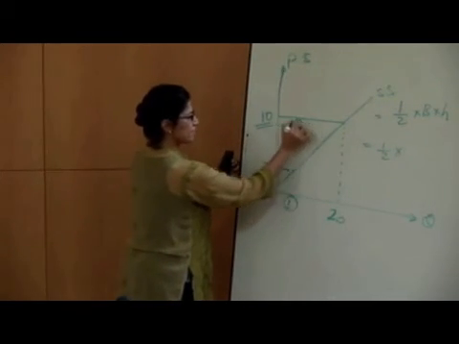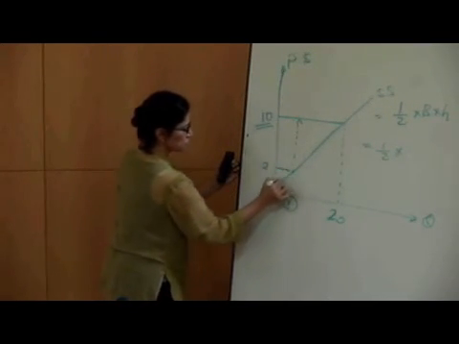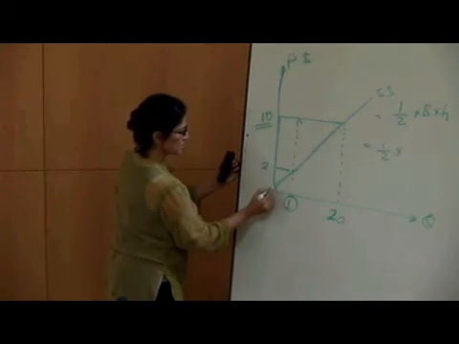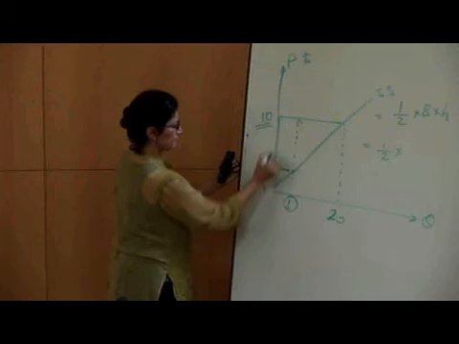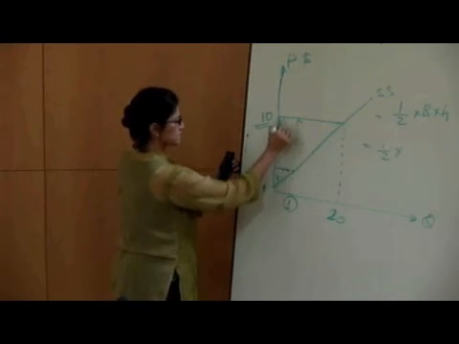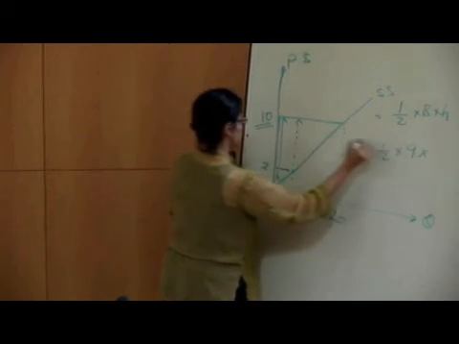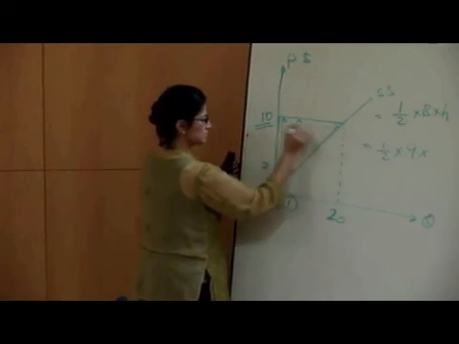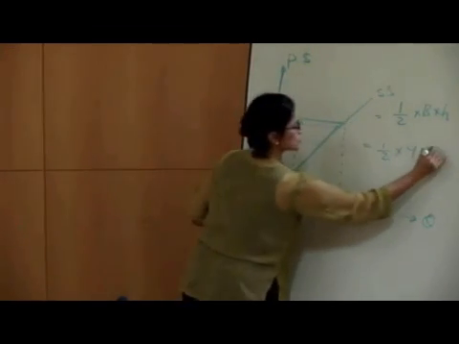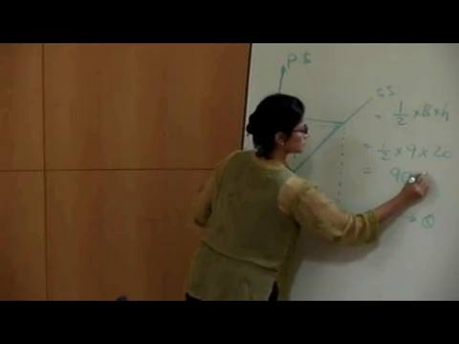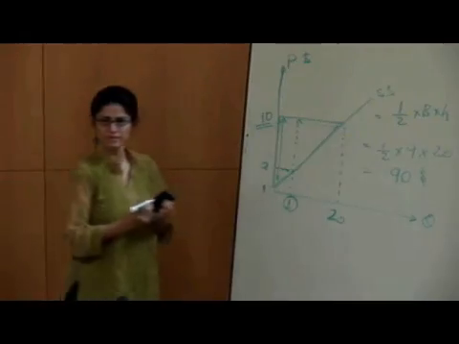Base is, you can think of this or you can think of that. What would you guys like to think of the base as? This. Let's just think of this as the base. 10 minus 1. And the height, 20. And what do we get? Dollars is your producer surplus. Right?